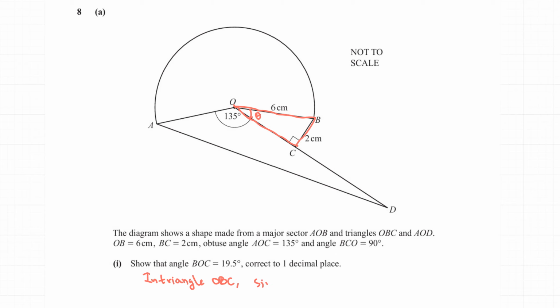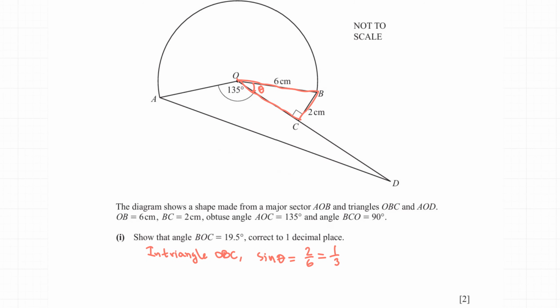Sorry, sine theta is equal to 2 over 6, that is equal to 1 over 3. So therefore theta is equal to sine inverse of 1 over 3, and that's 19.47, so that would be equal to 19.5 degrees, correct to one decimal place.